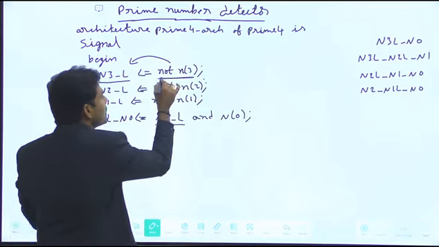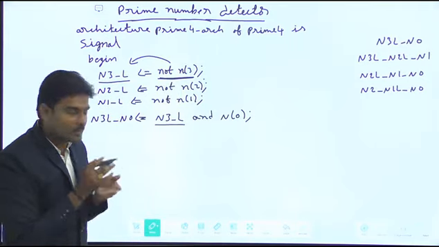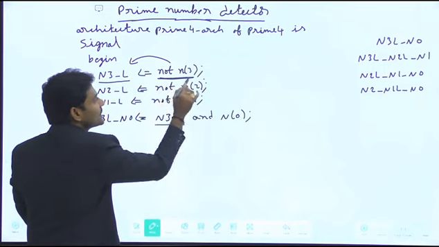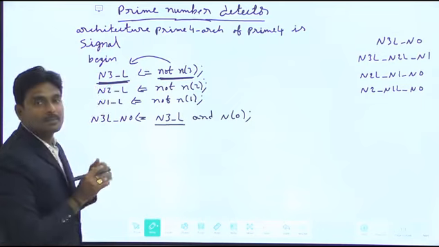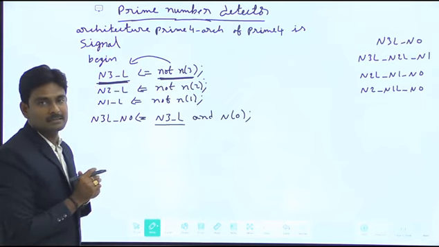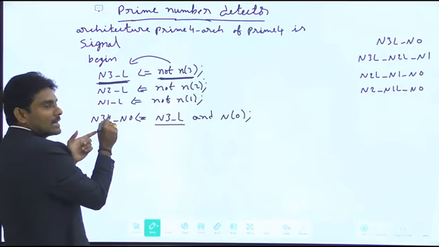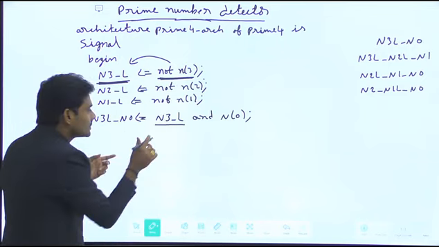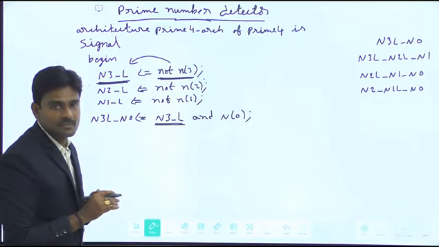In that I assigned not of n3 functionality to n3_L. So while considering the second level, instead of using these equations, I must consider the outputs of those inverter signals. n3 bar is nothing but not of n3, which is already assigned to n3_L. Because of that, here I considered n3_L and with n of 0.